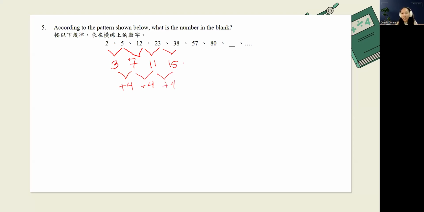That means we're just going to add another 4 here, so it's 19 that's being added here. Add another 4, it would be 23 being added here, and then add another 4 to 23, that would be 27. That means to get our answer.